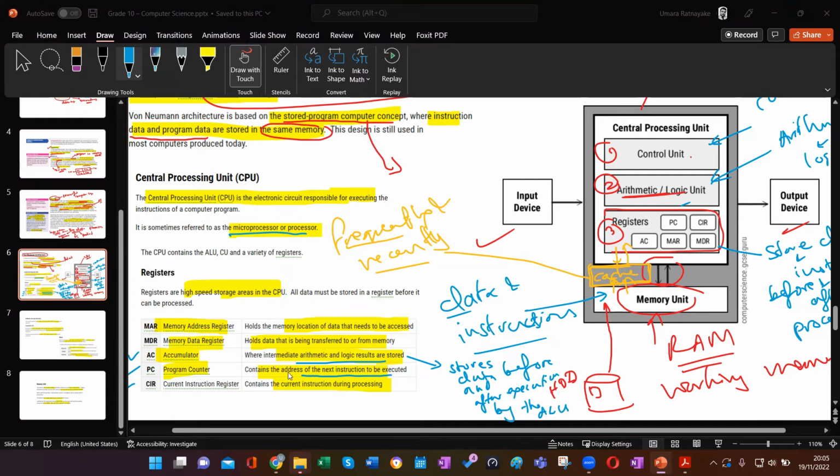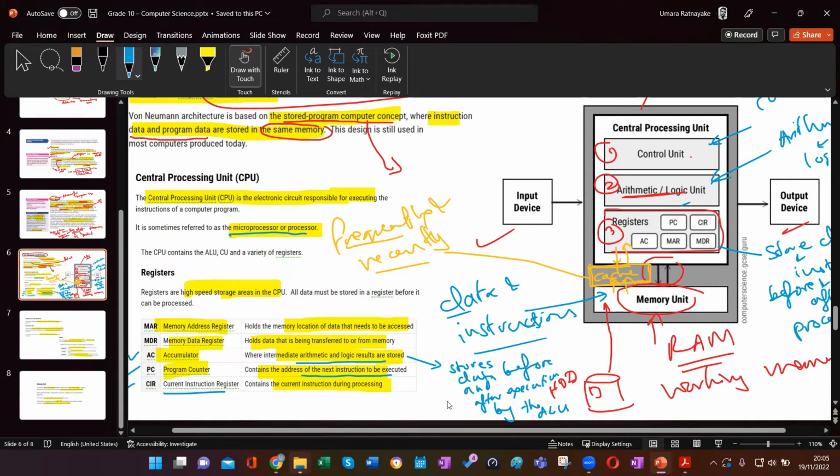So here we talk about the memory address, right? So program counter will store the address of the next instruction that we are going to bring from the RAM, okay, to be executed.